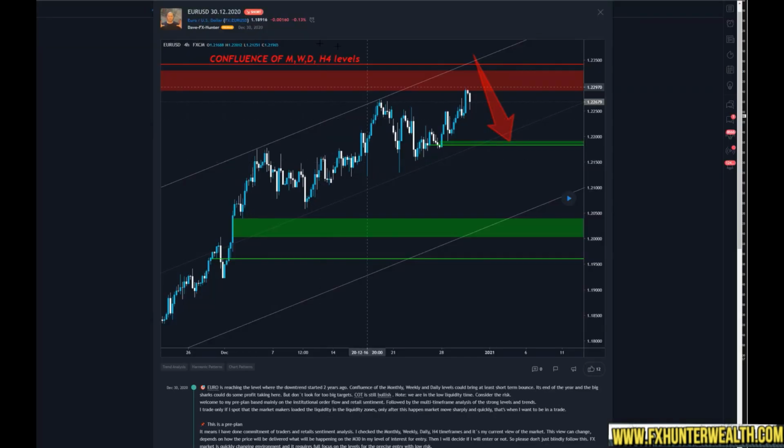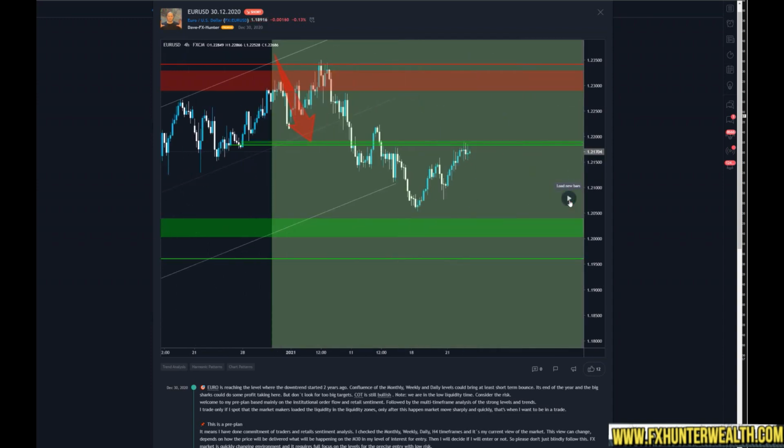Exactly, actually, as I predicted here on this euro, I said that it will be dropping on this level, and look how that actually happened, right? So here is my idea on the TradingView, and exactly on that level, which was monthly and weekly, that happened, right? It was quite a huge drop, right?